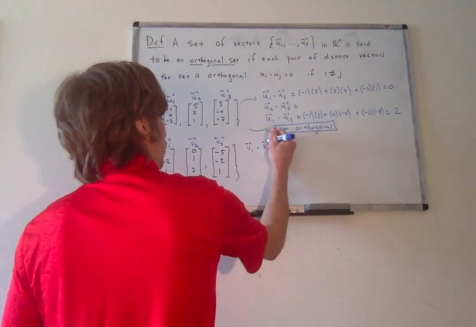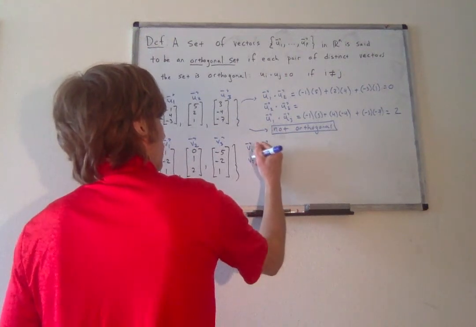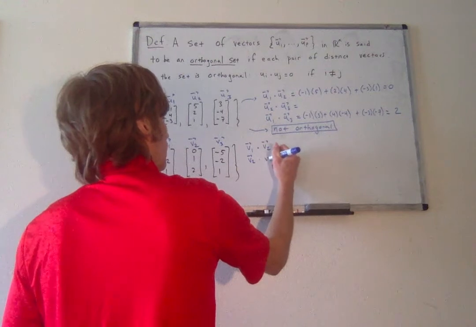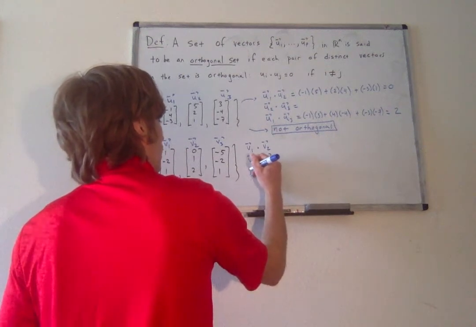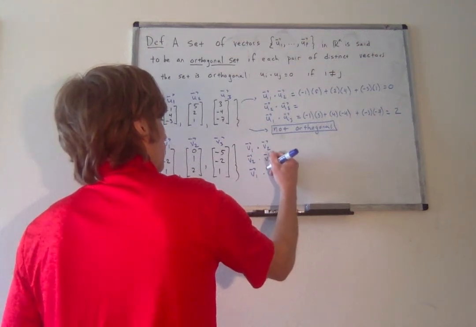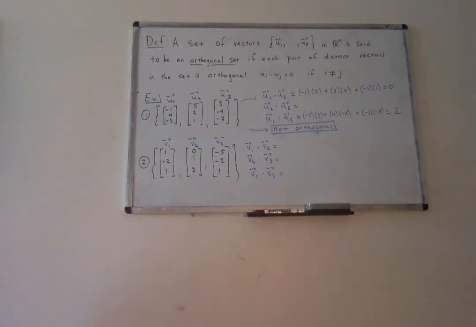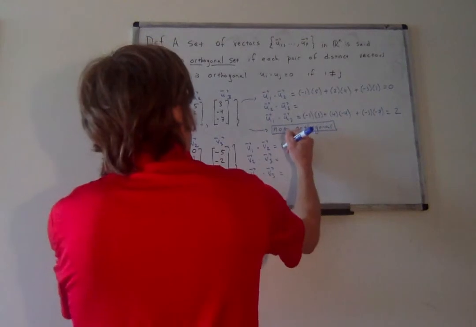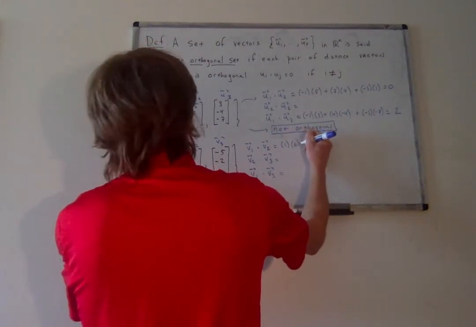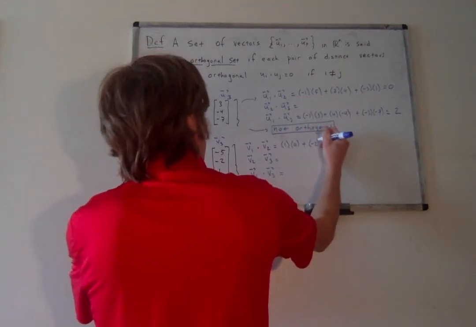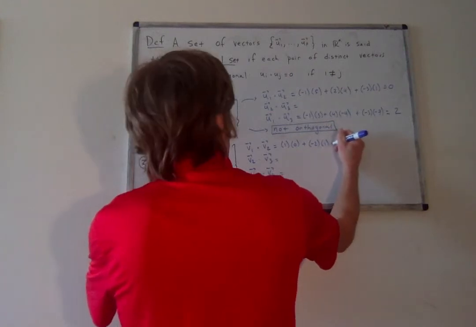Again, we want to do v1 dot v2, v2 dot v3, and v1 dot v3. So v1 dot v2 is 1 times 0 plus negative 2 times 1 plus 1 times 2.